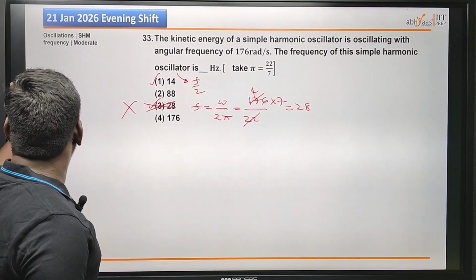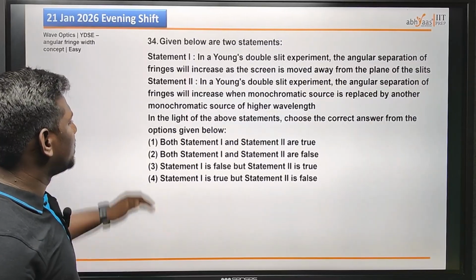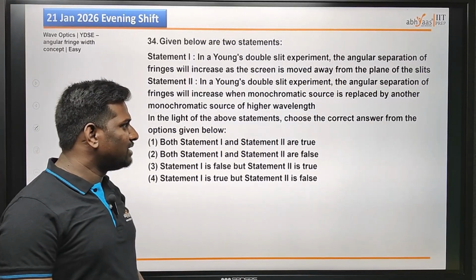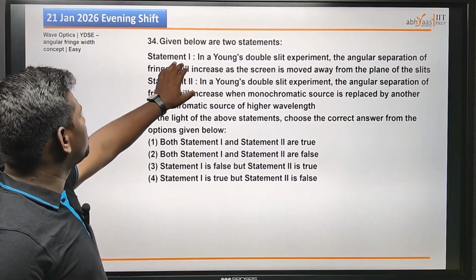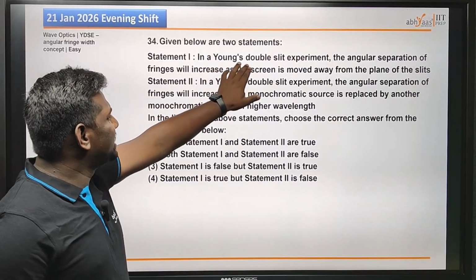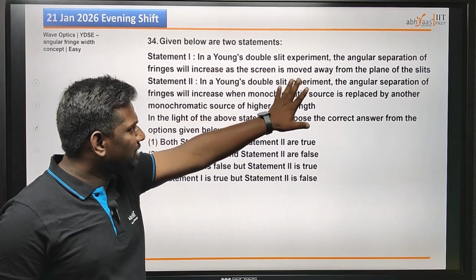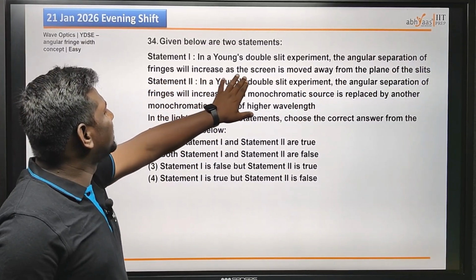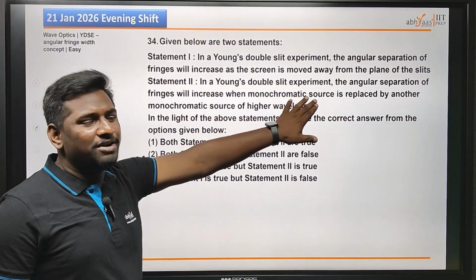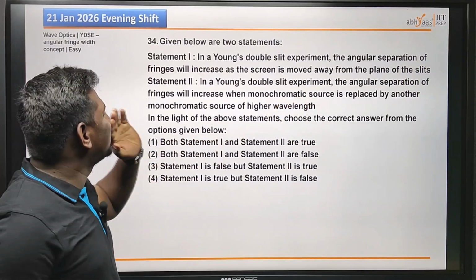So next one, see here. From wave optics, a very simple statement-based question. What is statement 1? In the YDSE, the double slit experiment, the angular separation of the fringes will be increased if the screen is moving away from the plane of the slits.